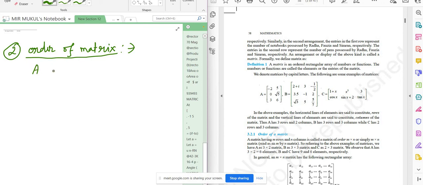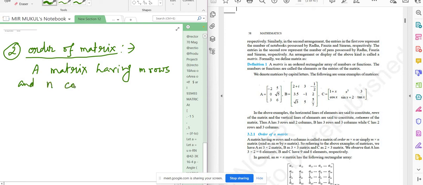A matrix having m rows and n columns is called a matrix of order m cross n.